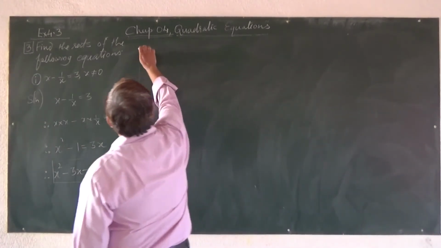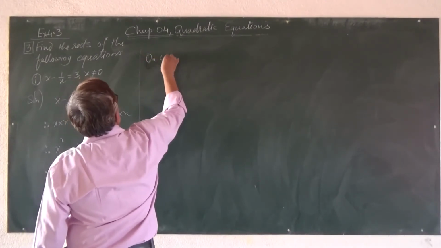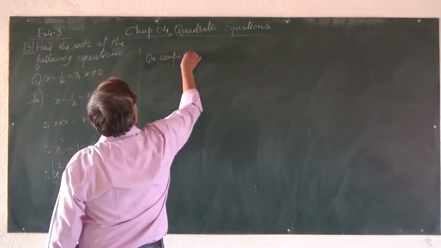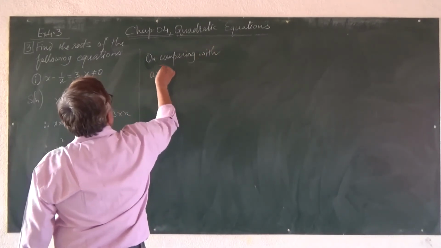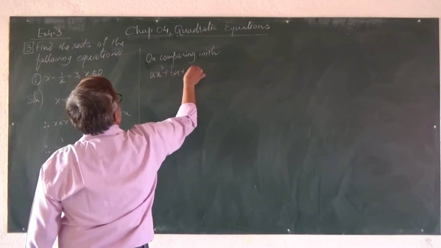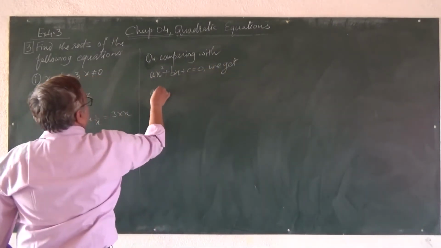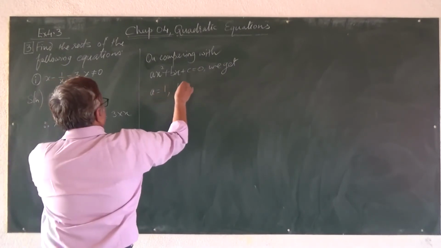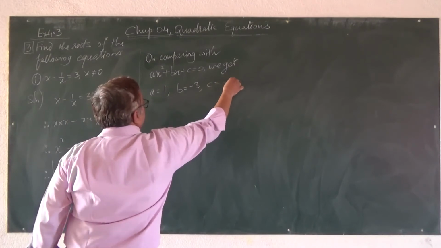Okay, now on comparing with ax square plus bx plus c is equal to 0, we get a is 1, b is minus 3 and c is minus 1.